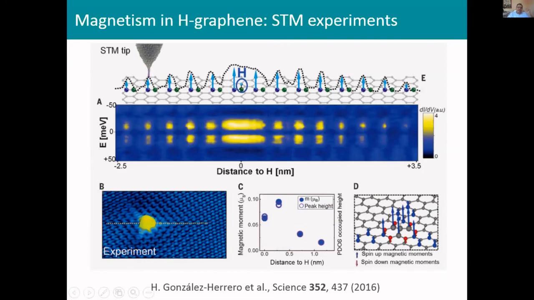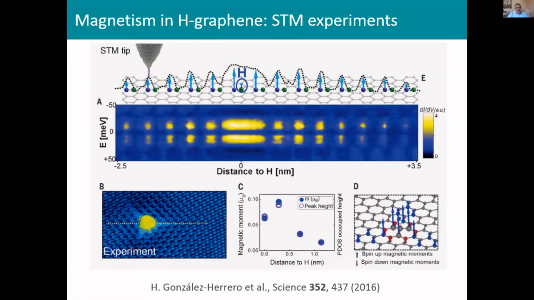So the other interesting aspect is that this induced magnetic moment is very far from the impurity. As we can see here, we are talking about a nanometer scale. So we have induced magnetism very far from the impurity.